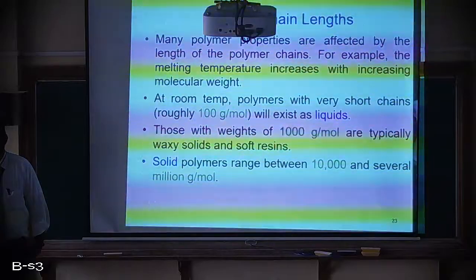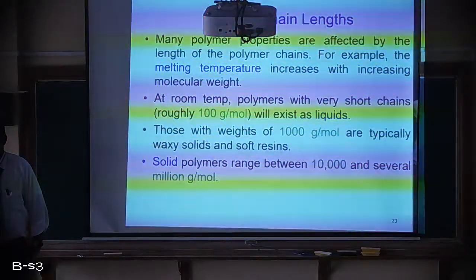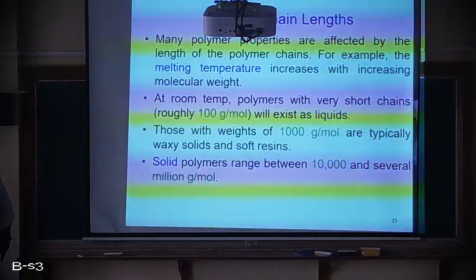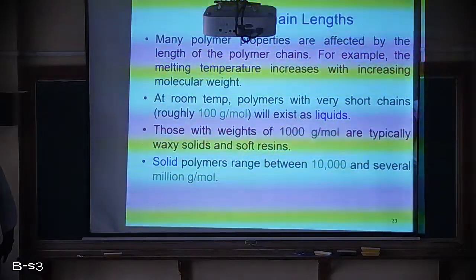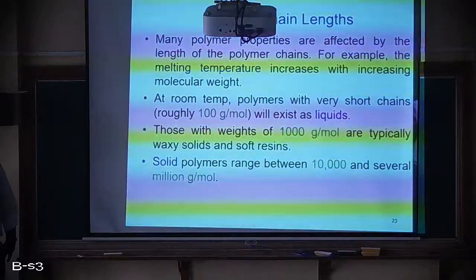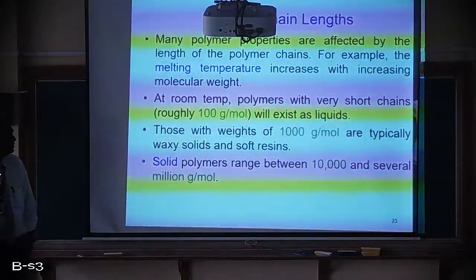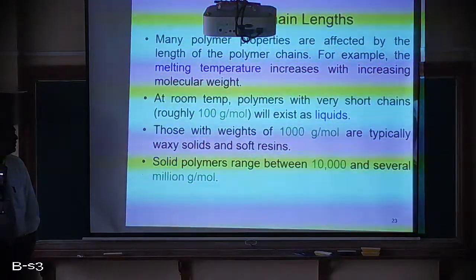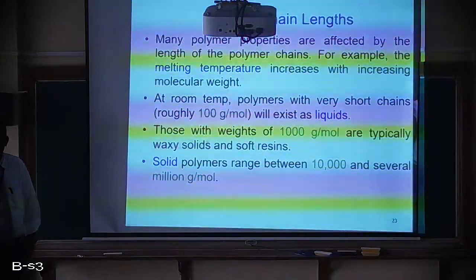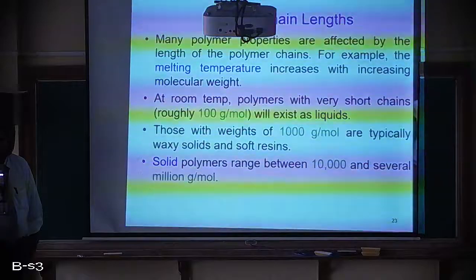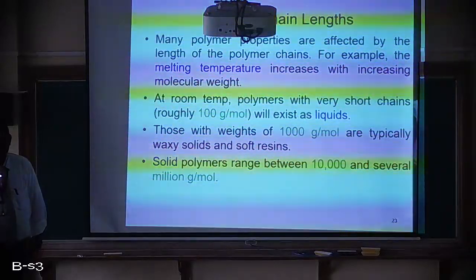Next, the range of more than 10,000 up to millions is solid. So solids have longer polymer chains, greater than 10,000. Those that are semi-solid are up to 1,000. Then liquids are 100 or less.